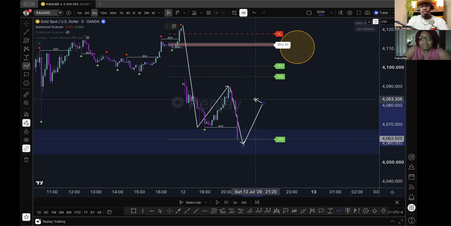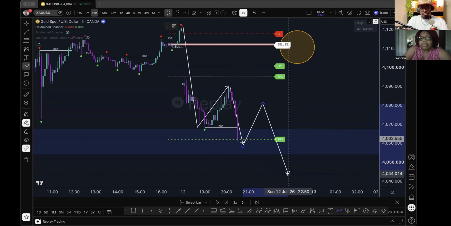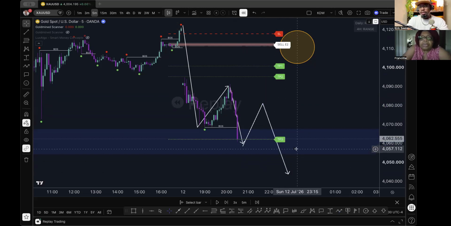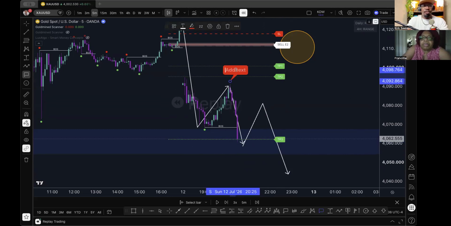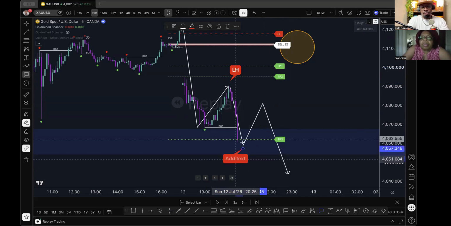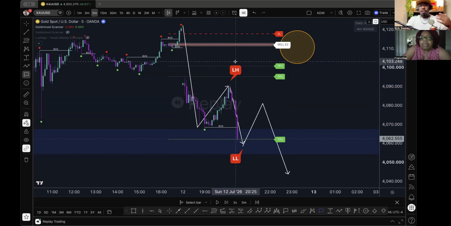We want it to give us a high point that's lower than this one. If it does that, it potentially would keep going down. As long as it keeps giving us these lower highs and lower lows, we could be more confident that it's going down.